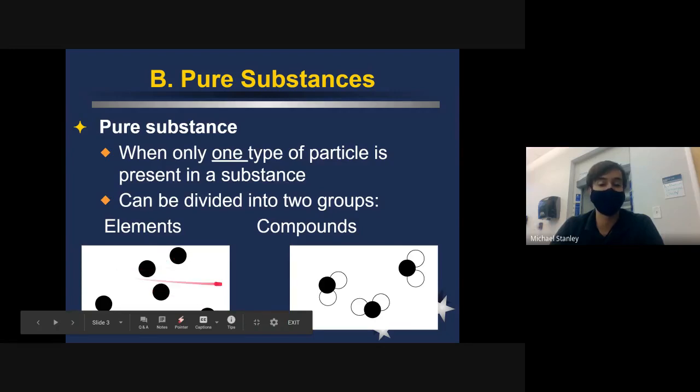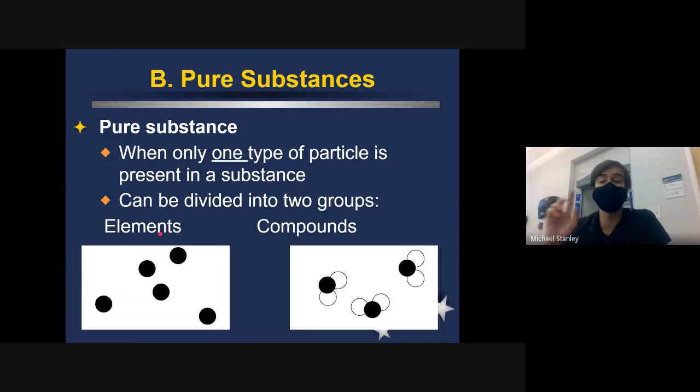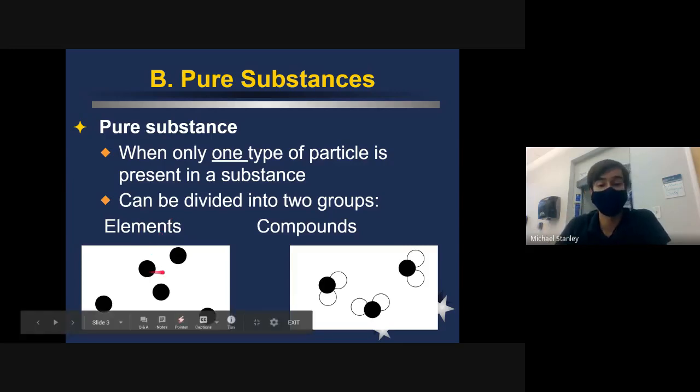There's no other types of atoms in here. The only particles that are here are these black dots. So that is our elements, when there's only one single type of atom, excuse me.